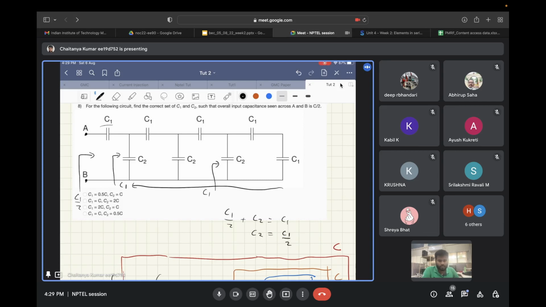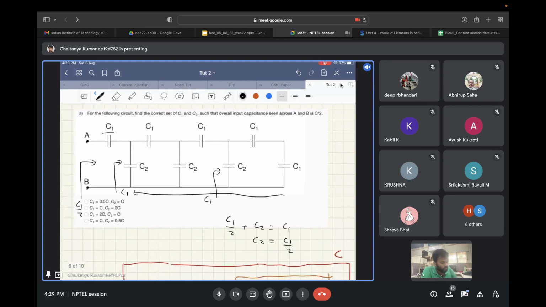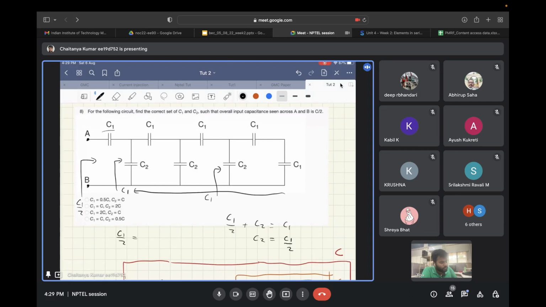If there are two capacitors of value C in series, then you get the equivalent capacitance as C by 2. So we have C1 by 2 is equal to C by 2, hence C1 equals C, and C2 equals C by 2. Any doubt in this?